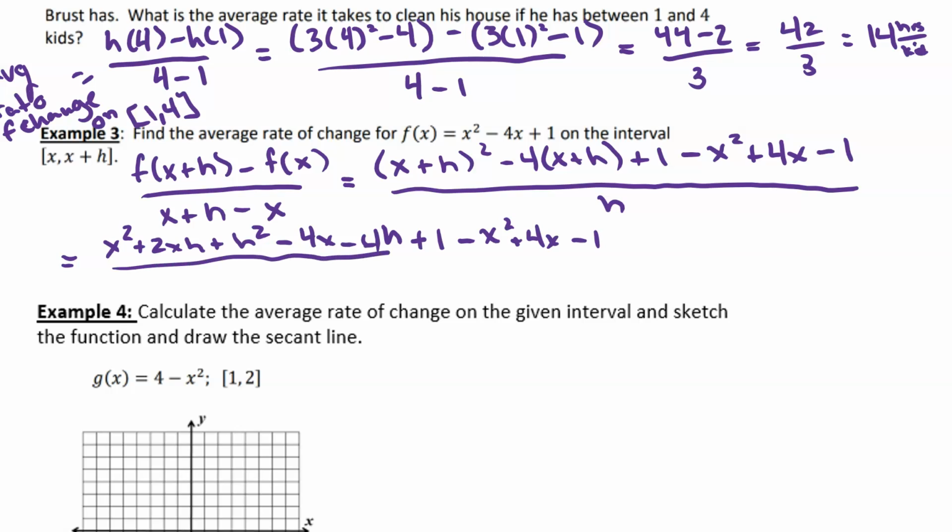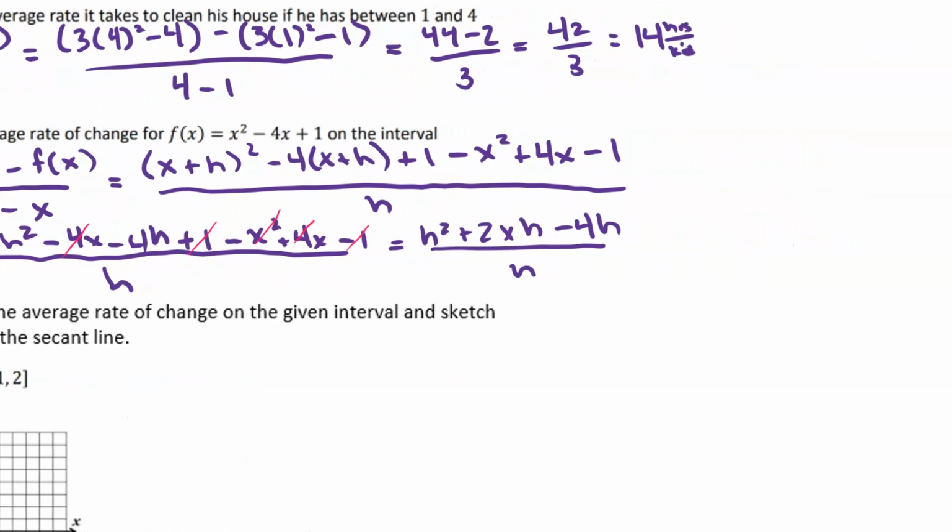All right, now we get to cancel a bunch of stuff out. So we've got an x squared and an x squared, those get out of town. Negative 4x, positive 4x, those guys leave. Positive 1, negative 1. So if we write this again, we've got h squared plus 2xh minus 4h divided by h.